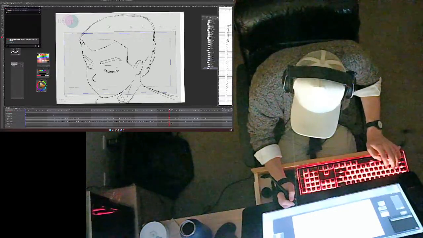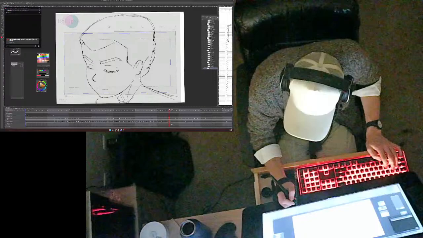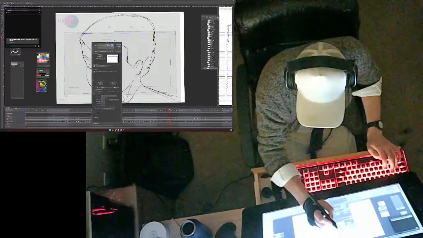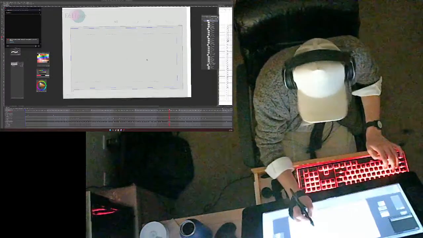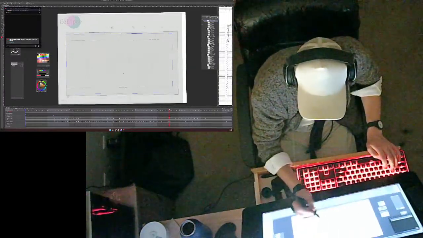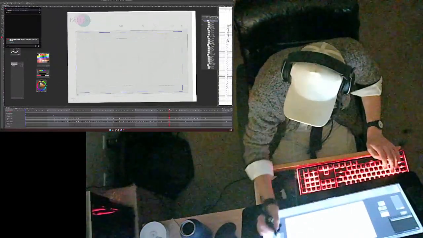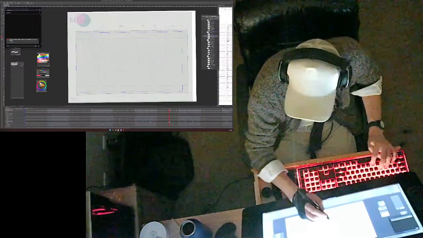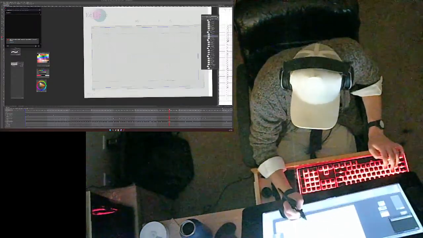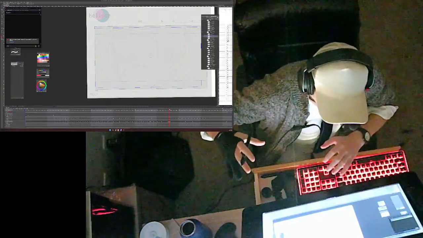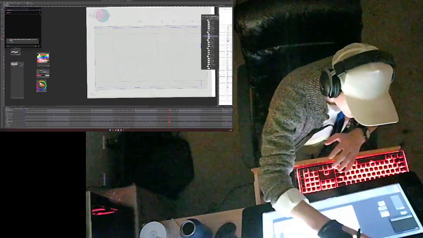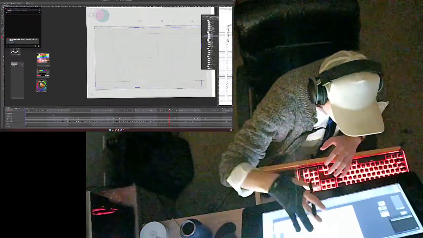What did I just do? I understand now. Nope. There we go. That's what I was trying to do. So now I'm going to in-between these two drawings so that it eases, so it should go smoothly fast and then slow.